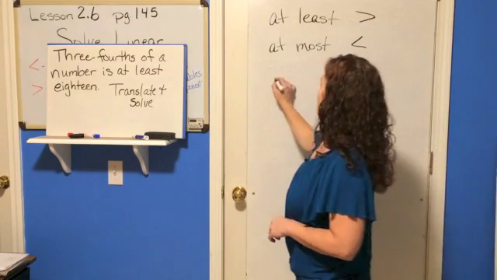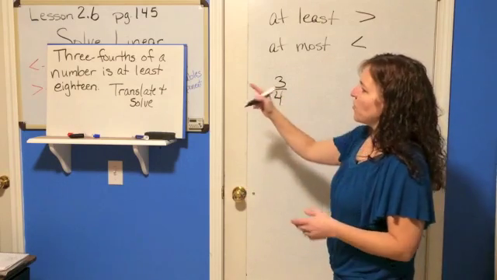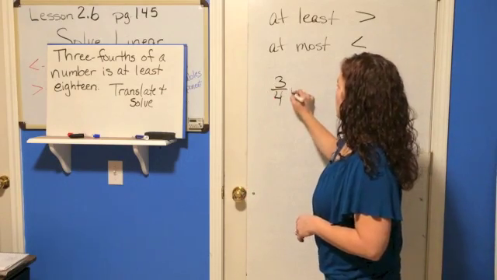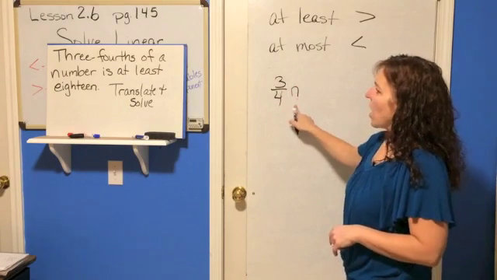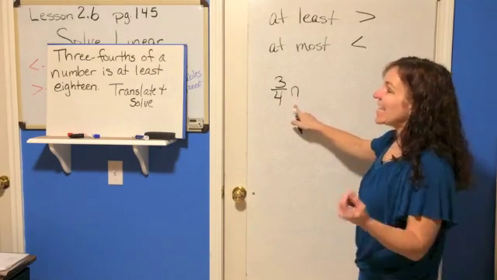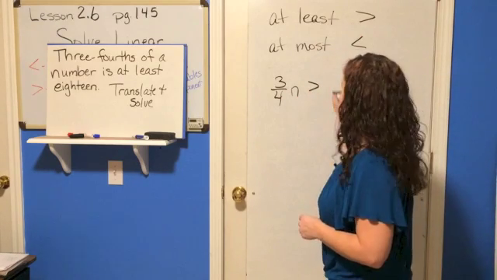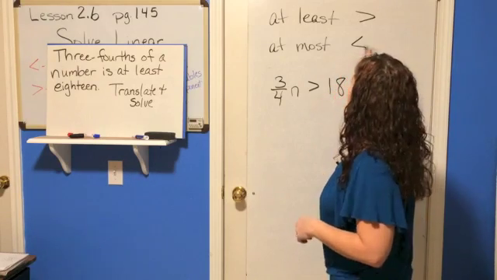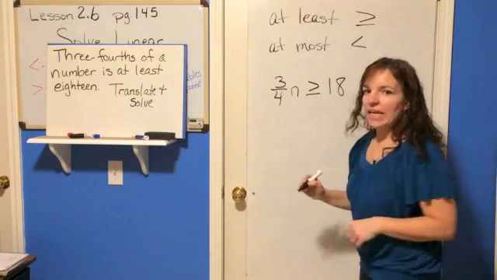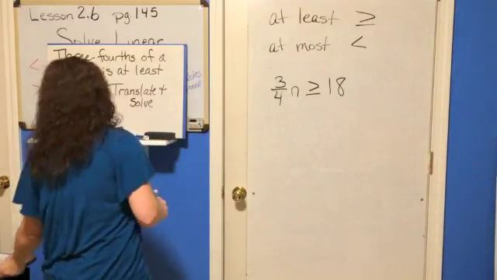So 3/4 of means times 3/4 of a number, so just call it n or x or z or whatever you want to call it. 3/4 of a number is at least, so this is where our greater than comes in, at least 18. And if it's at least, then that means it can be 18, right? So it is greater than or equal to 18.